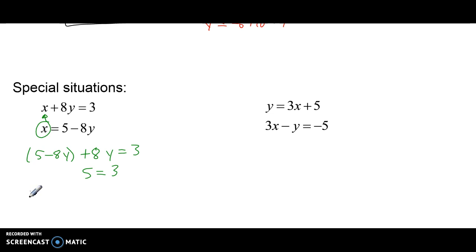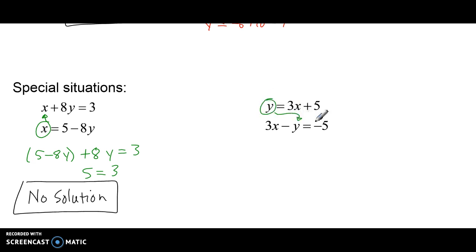So algebraically, without drawing the picture, we can tell that this system of equations has no solution. And remember what that means for the picture. If you were to graph these two lines, these two lines are going to be parallel lines. They don't intersect anywhere.